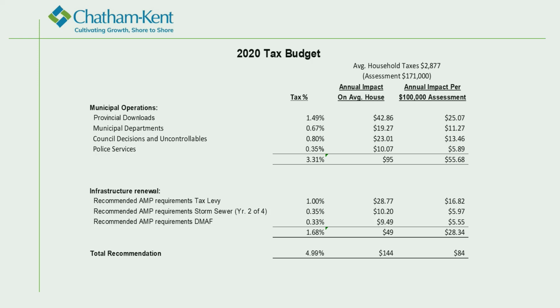And we've also added a new column this year to put the impact per $100,000 assessment. That way, it makes it easy for people, if they know what their assessment is, to times it by the 100,000, do some quicker math of getting to what that is. So it's $84 per $100,000 of assessment.